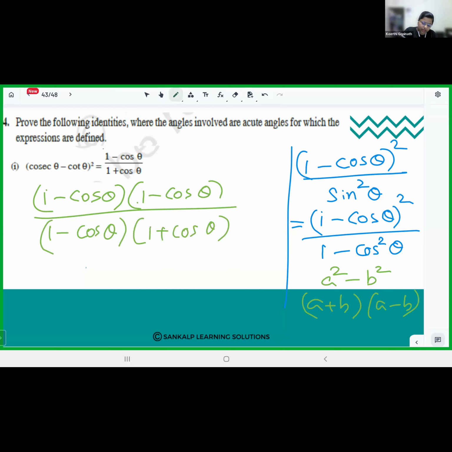So 1 minus cos theta and 1 minus cos theta get cancelled. So that is equal to 1 minus cos theta by 1 plus cos theta. This was the RHS of the question. So we have got LHS equal to RHS. So we proved the first identity. Now we are moving on to the next question.